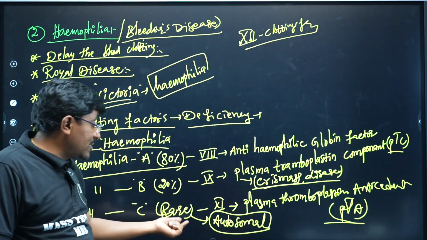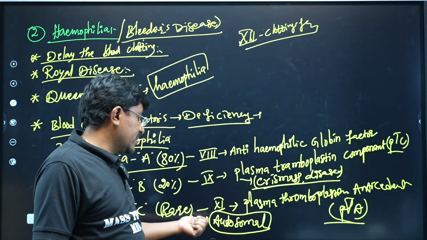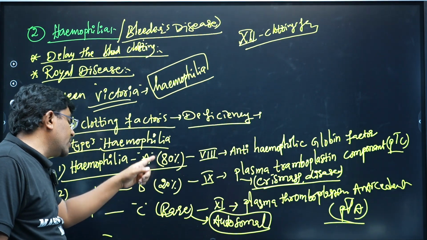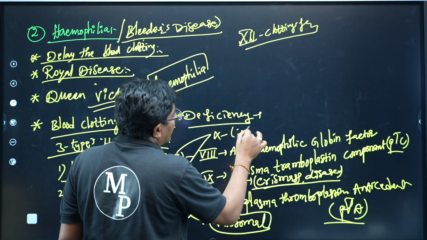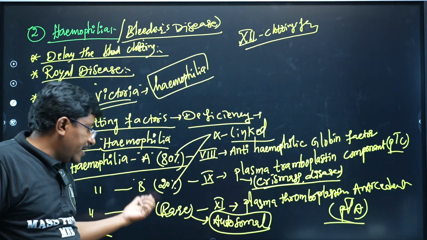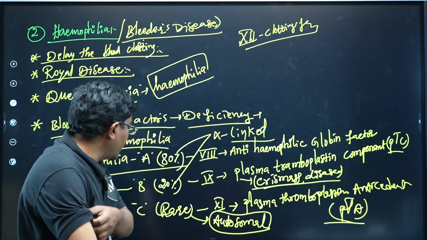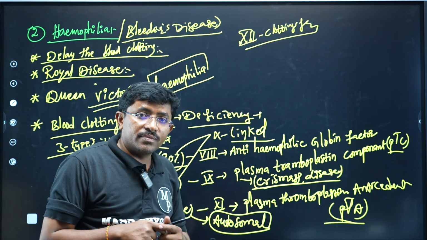It is not X-linked. Only hemophilia A and hemophilia B are X-linked. Hemophilia C is very rare and autosomal; the genes responsible are present on the autosomes only.